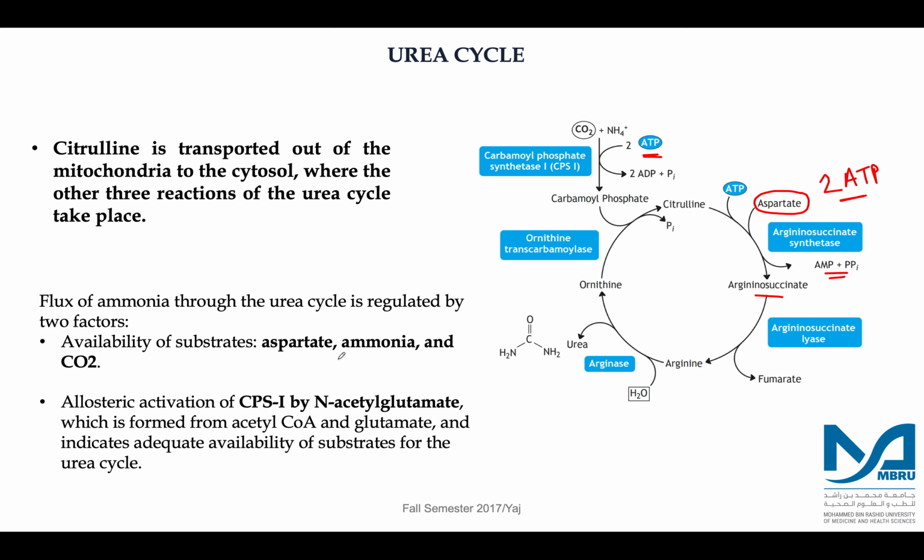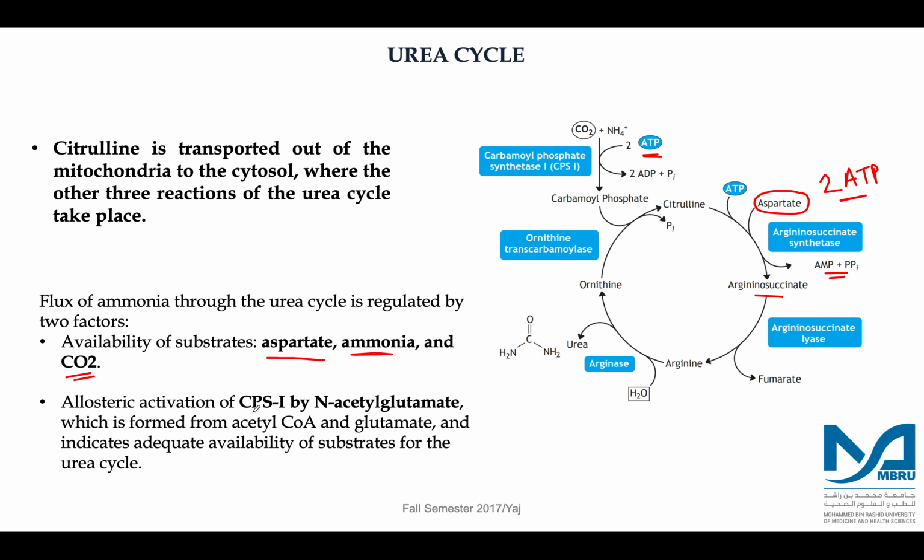Firstly, it is regulated by the availability of the substrate. What are the important substrates that you are using? Aspartate, which is derived from glutamate in the presence of oxaloacetate. Ammonia, which you have transported from different parts of the body to the liver. And of course, the carbon dioxide that is coming from the TCA cycle.